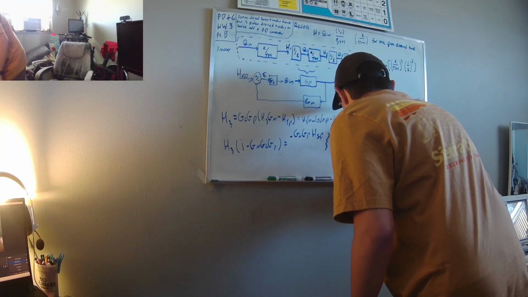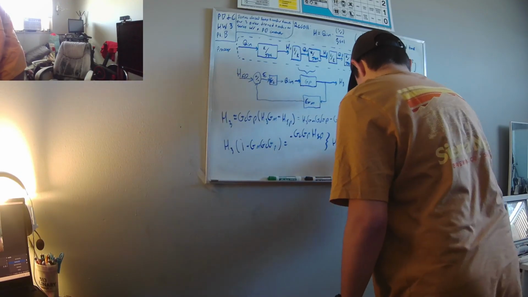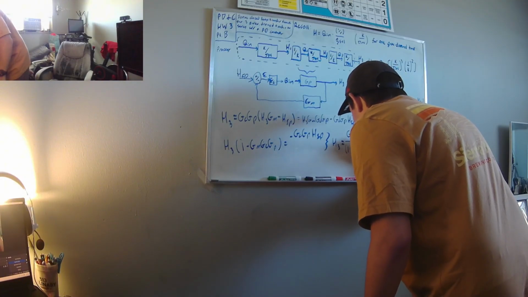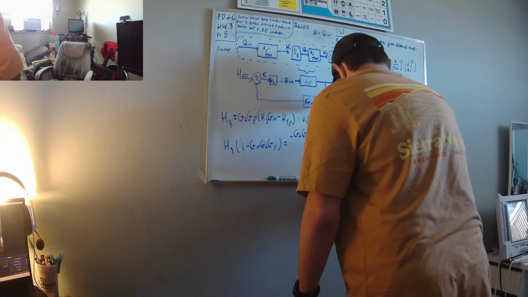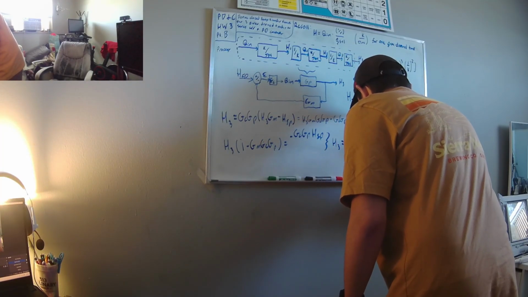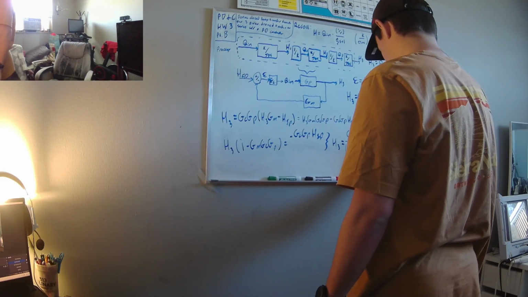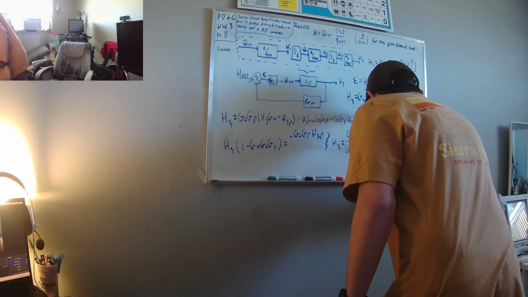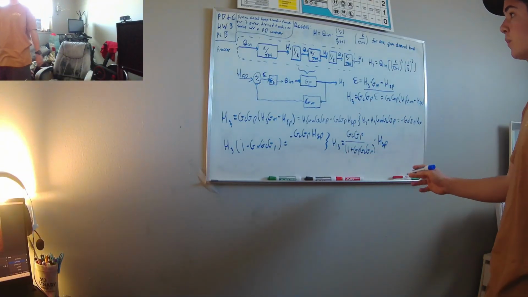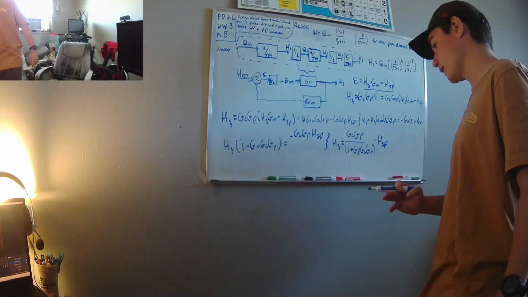H3 is going to equal GC GP over 1 plus GP GC, all multiplied by HSP. And this right here is our closed loop transfer function for our 3 gravity drain tanks.